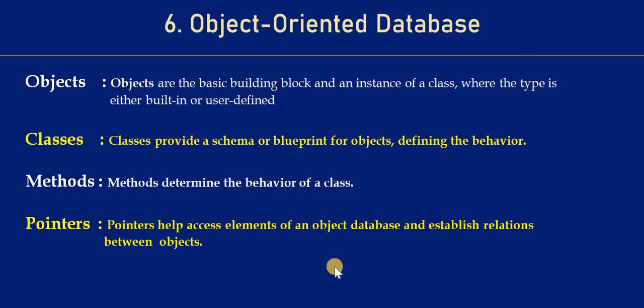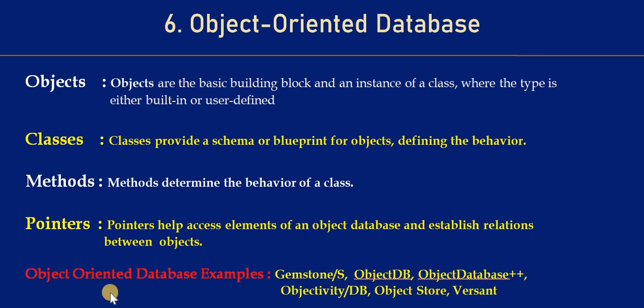What are pointers? Pointers help access elements of an object database and establish relations between objects. A few examples of object-oriented databases: Gemstone, ObjectDB, Object Database Plus, Objectivity Plus DB, Object Store, Percent. These are all examples of object-oriented databases.